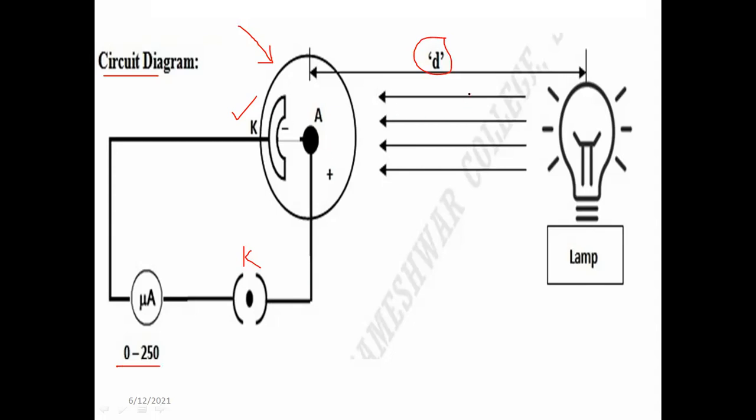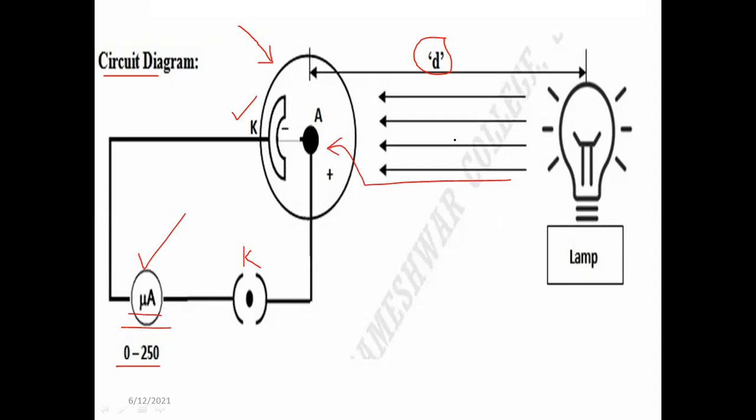Due to rays reaching the cathode and then the anode, the photoelectric effect is observed, and the flow of charge passing through the microammeter is noted as current, that is, photoelectric current, due to the photoelectric effect taking place inside the photocell.